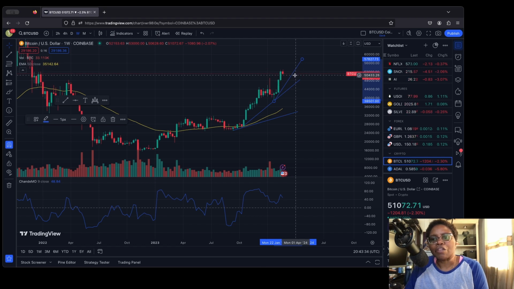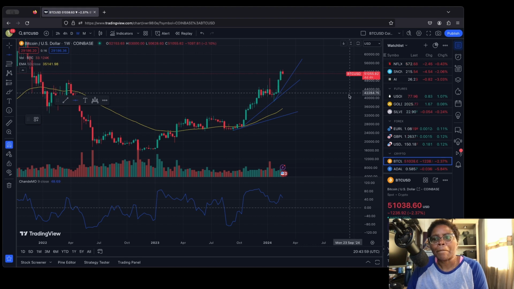It's conceivable it could come all the way down here to 43,000, which would be right in that range where I showed you before of all those other price action where it hit that line. Let's go ahead and put a line here, around 43,000.